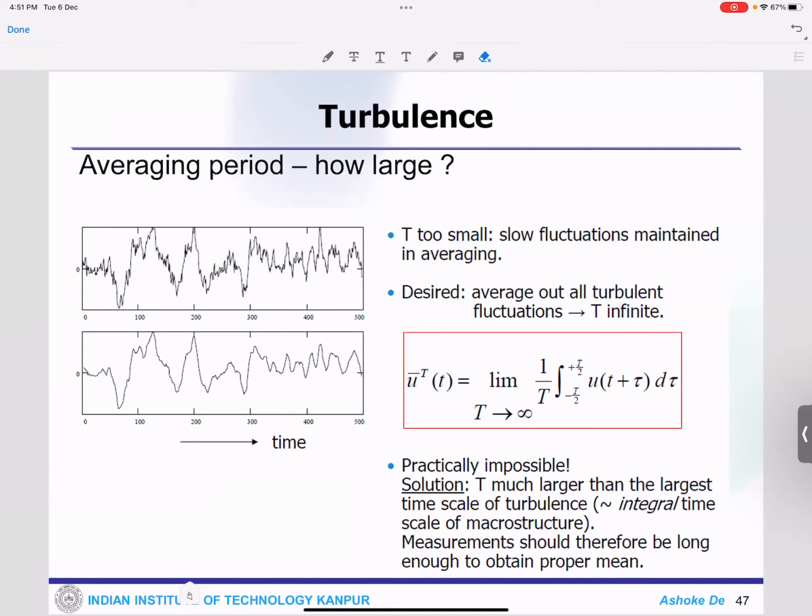Think of a very simple example: in a class, you have 100 students, and the average is going to be lower; if you have 10 students, the average is going to be higher. Similarly, if you have too long a time series, you eliminate the unsteady, fluctuating nature of the field, and you get a smooth flow field. So this is what happens if you use a very long time series: you get a smooth field like that.